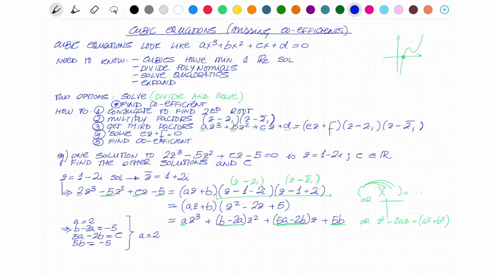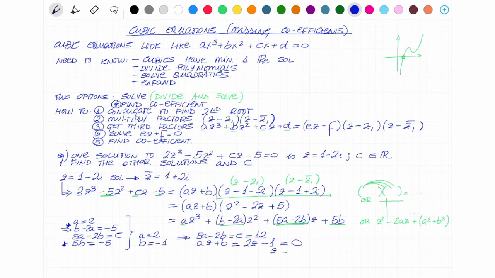Your a equals 2, your b equals minus 1, and you can get that either from here or from this one here once you've got the a, and that means that this 5a minus 2b, which was the c, just substituting there gives you a 12, and this az plus b, now once you substitute in there, it's 2z minus 1, which is the third factor, which means equals to 0.